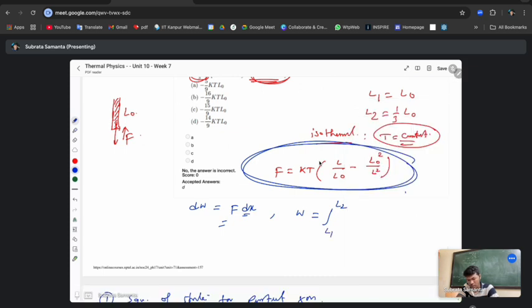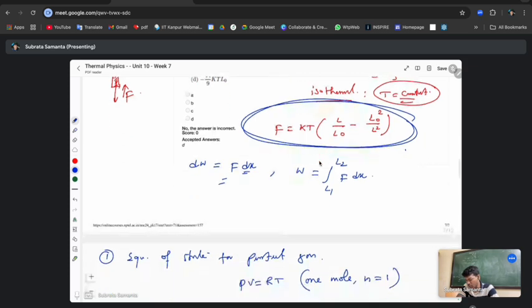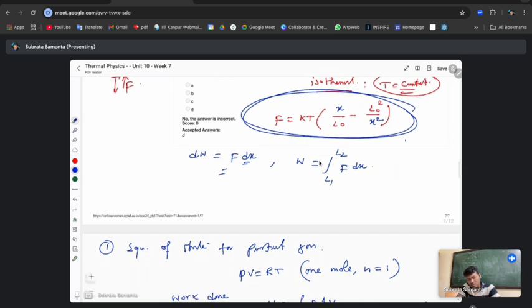This is F dx. Here I use x. So now if we plug these values, just copy this.